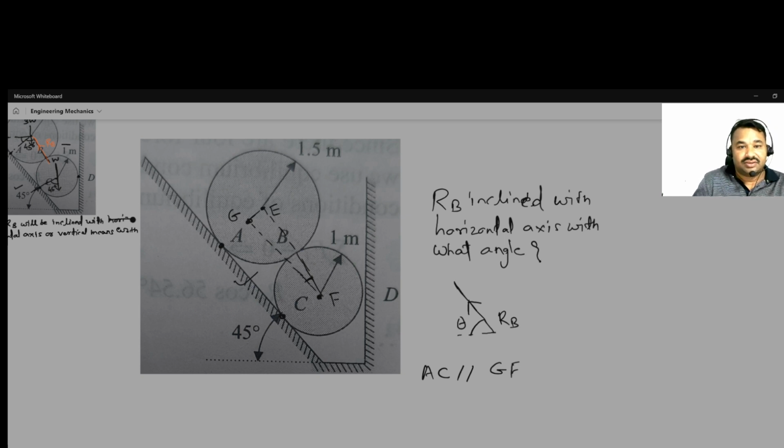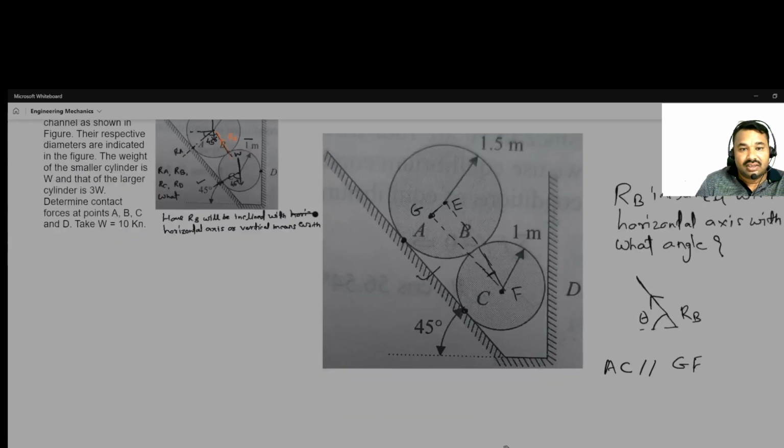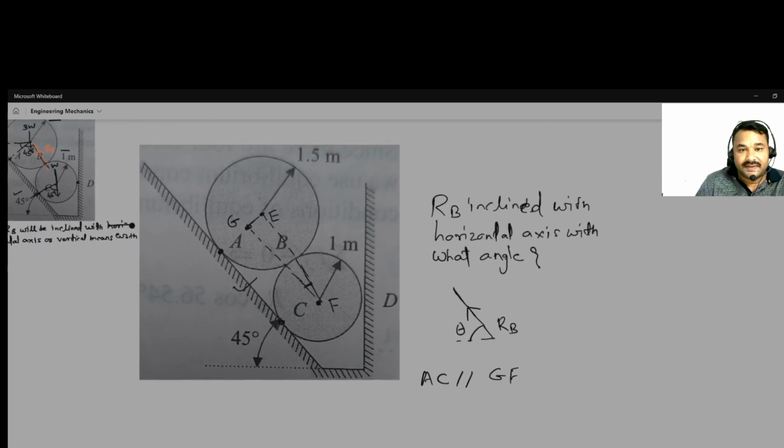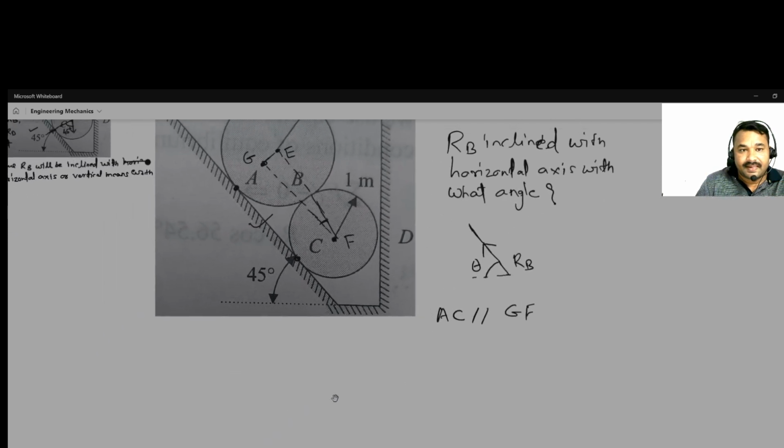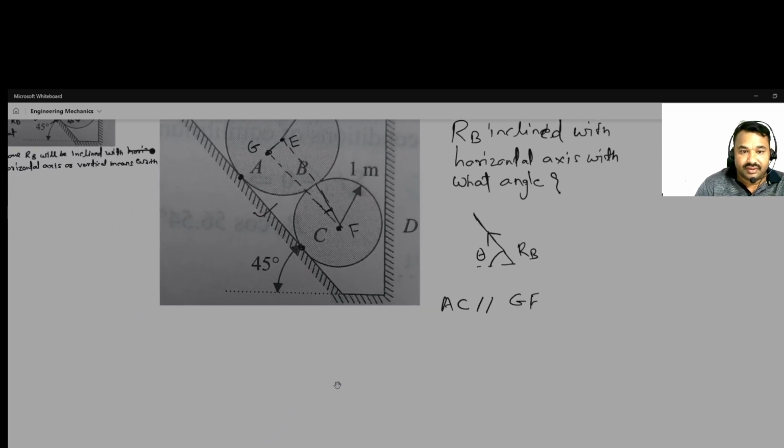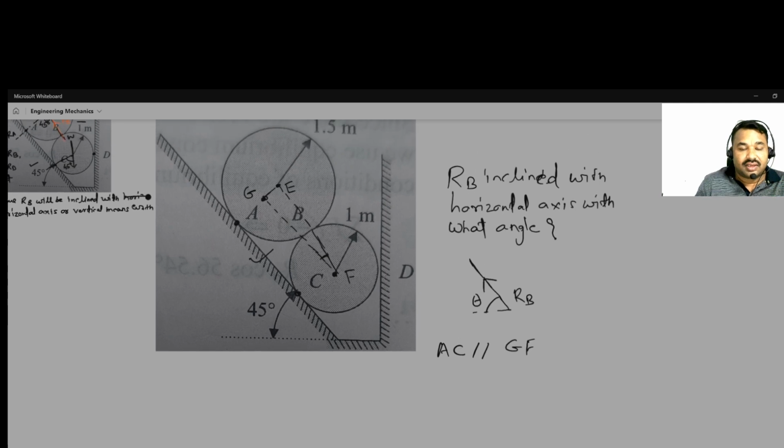Let us draw it with more clarity. What about this angle?